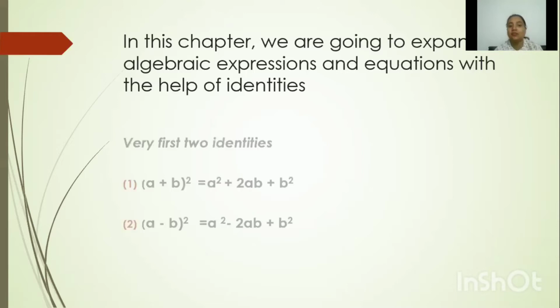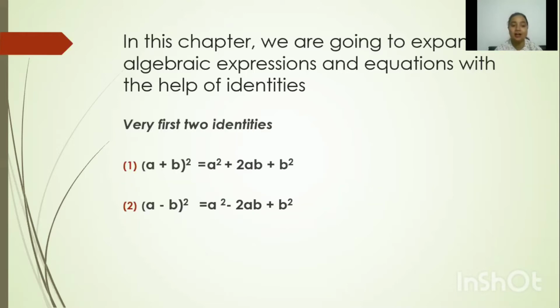So the very first two identities are these, that I think we are reading from grade 6. In ICSE it starts from grade 6: (a plus b) whole square equals a square plus 2ab plus b square, right? If you're still confused in this identity, please note down how we are going to expand it.